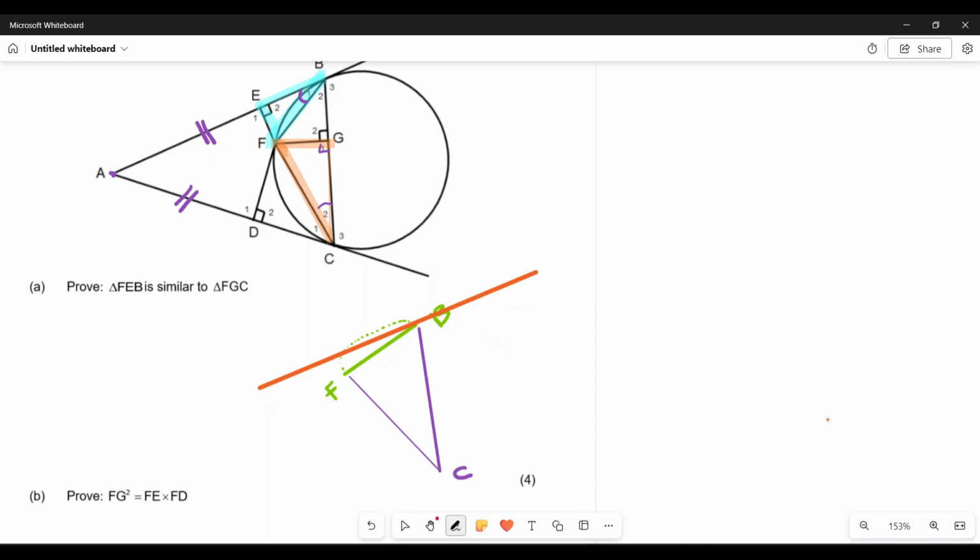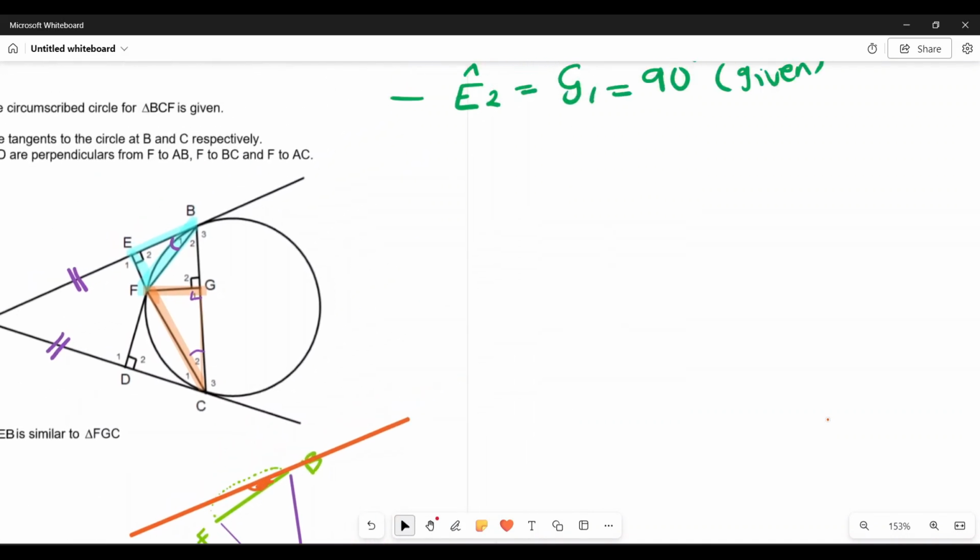As a result, remember your tan chord theorem. The angle between your tangent and your chord is equal to the opposite interior angle of your triangle, which is that angle right over here. Now, what is this angle? This is our angle B1, and this, as a result, is our C2. So here, B1, which is in the blue triangle, is equal to C2 in the other triangle. And why is that? Tan chord theorem.